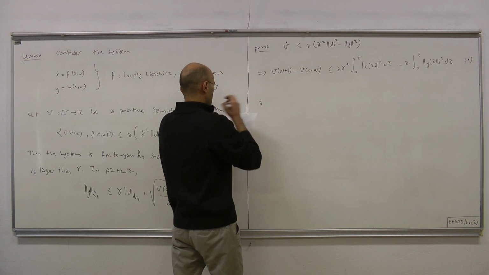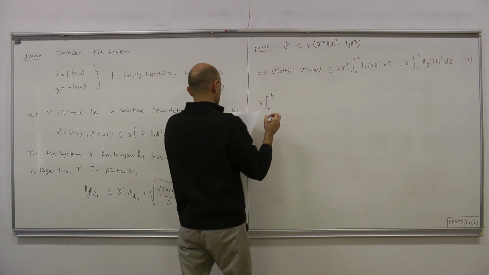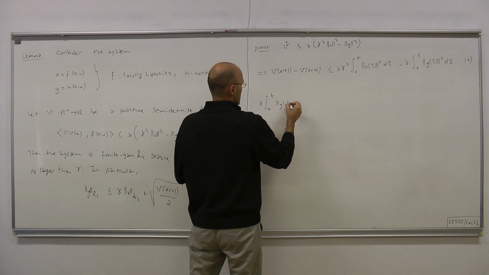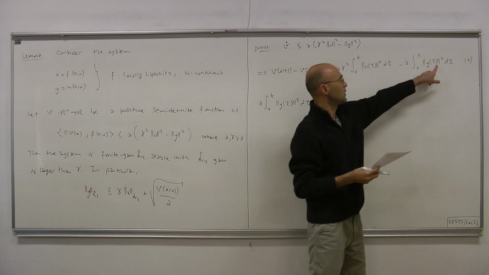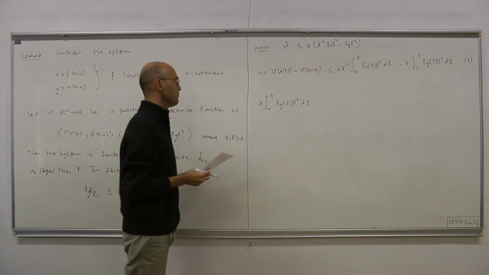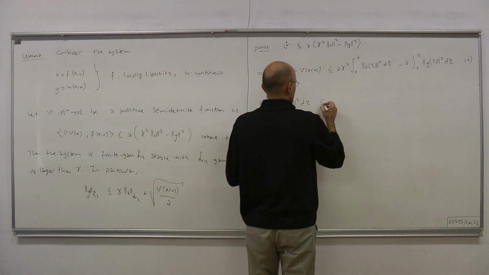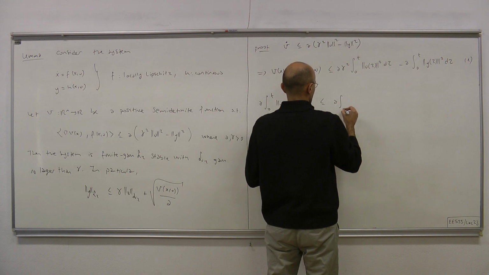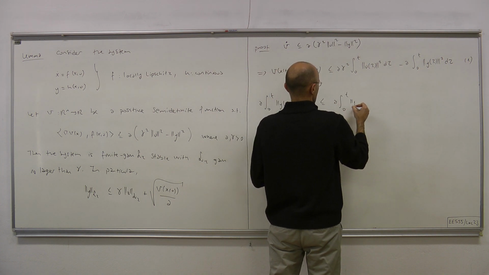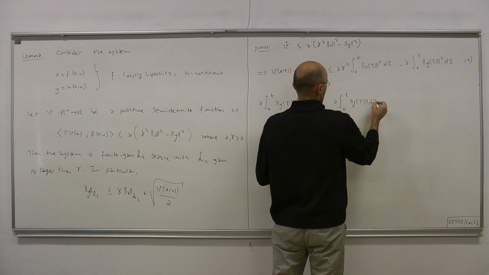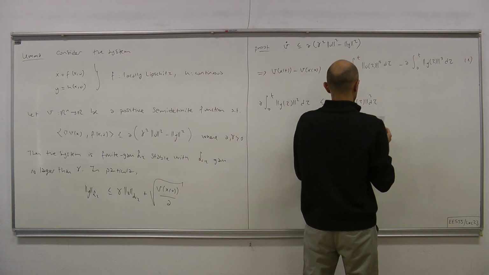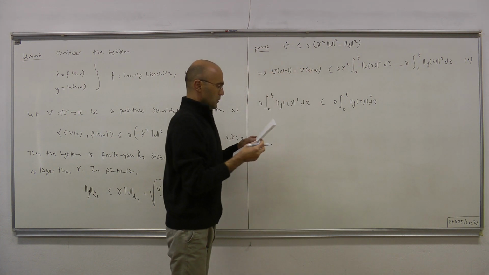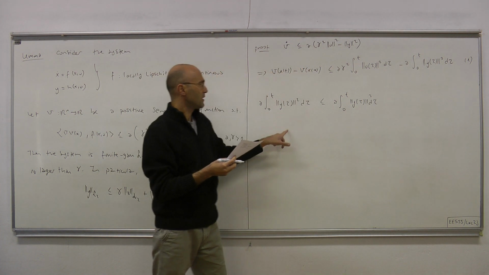Now, let's write the integral from 0 to t of y of tau squared d tau. Let's concentrate on that term. So we simply rewrote the same thing.